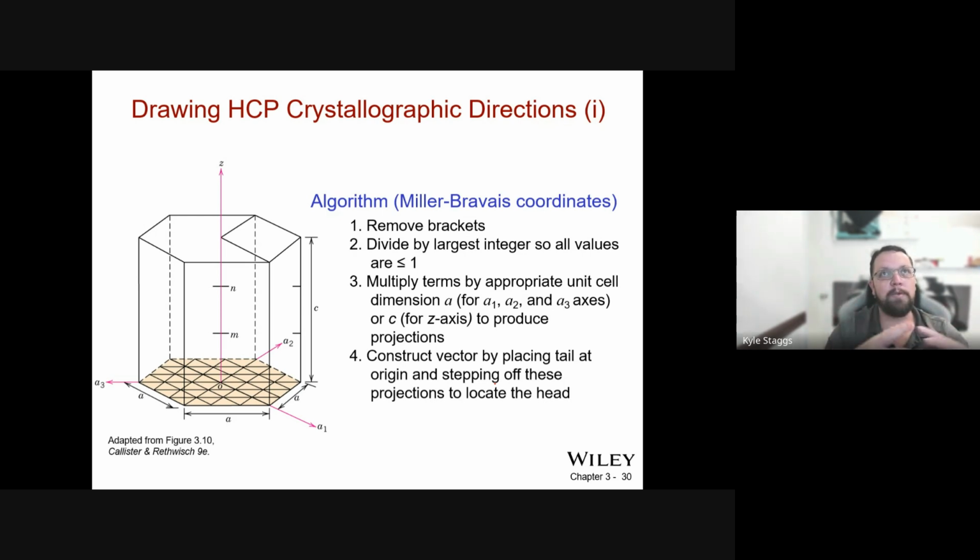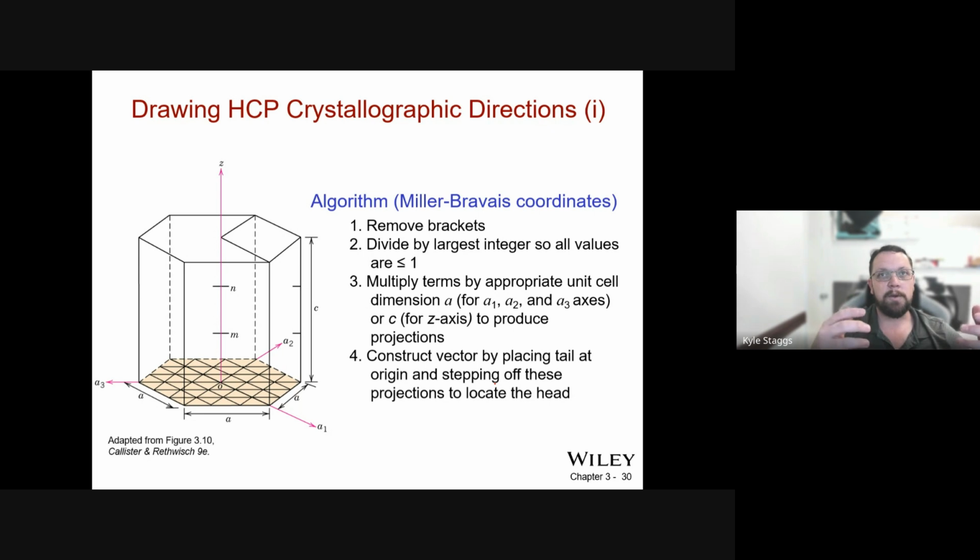We're going to divide by the largest integer, so all the values are less than 1 and we have fractions. Then we multiply the terms by the appropriate unit cell dimensions, a1, a2, and a3, or c as the total height or z, in order to produce the projections.